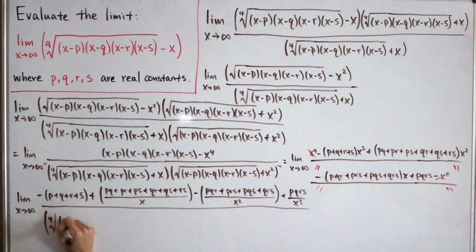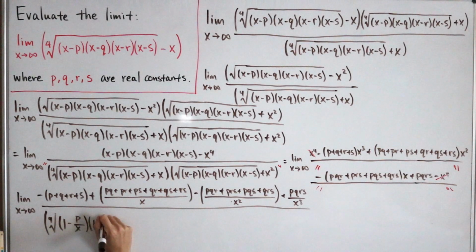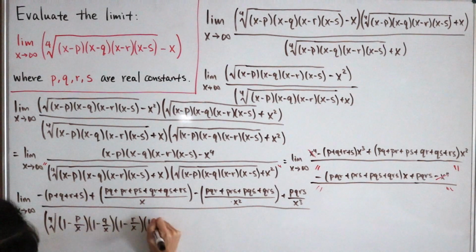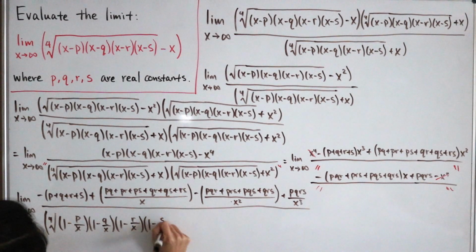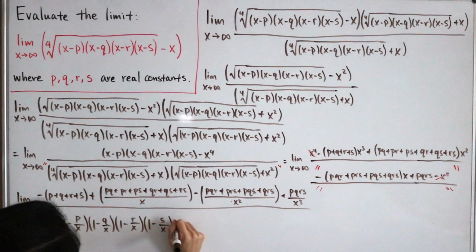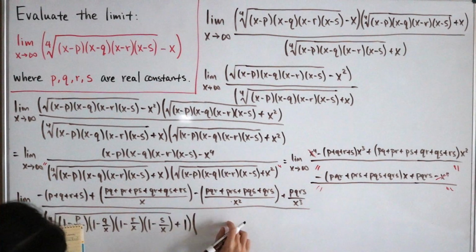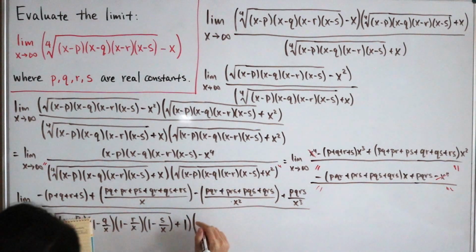Then down below, this is 1 minus p divided by x multiplied by 1 minus q divided by x multiplied by 1 minus r divided by x multiplied by 1 minus s divided by x, and then add this with 1. Now for this term right here, I'm just rewriting.